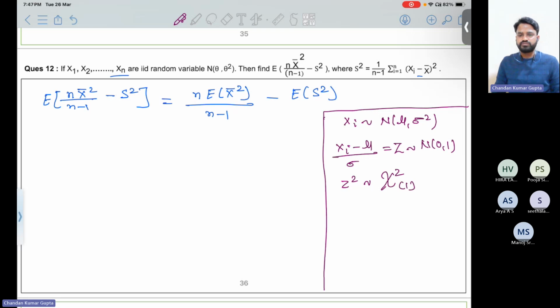It is clear. This is the definition of chi square variance. And also, in that case x bar follows normal with mu and sigma square by n. These are the properties of the normal distribution actually. Okay.